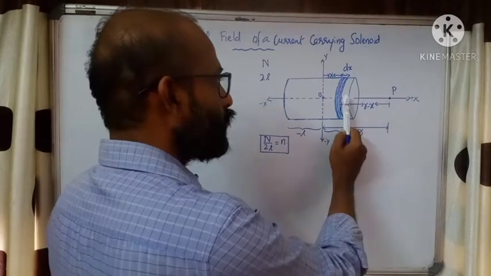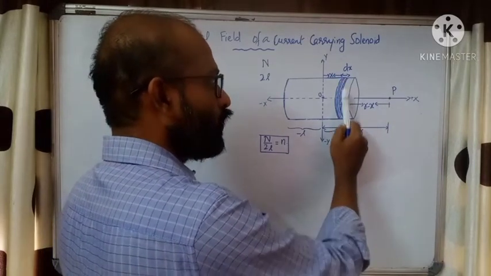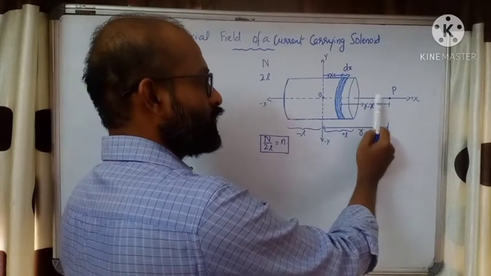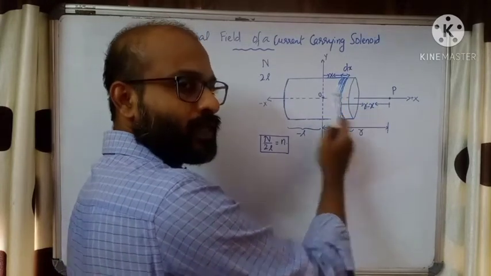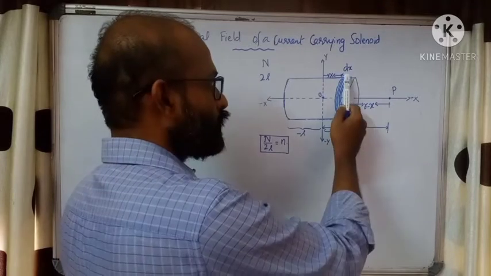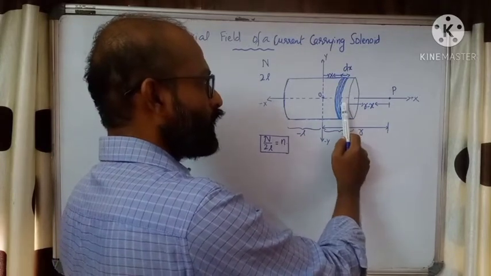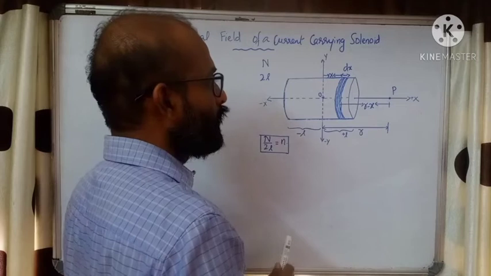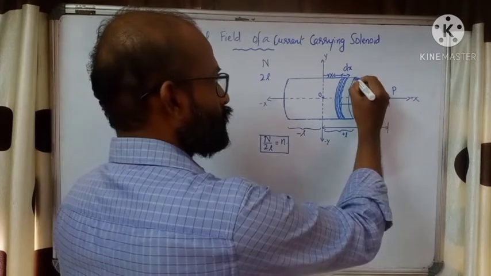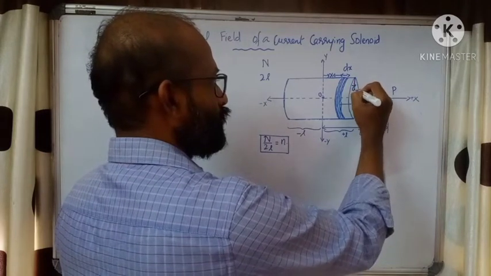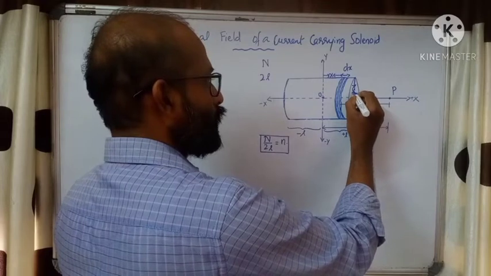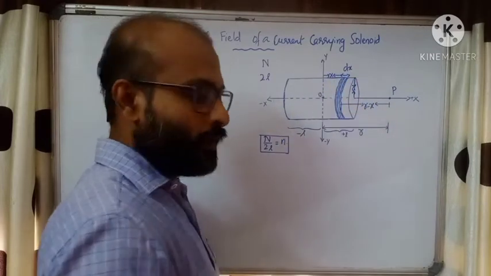See, from the center of the circular coil of width dx, we have a distance to the point P as R minus x. So the center of the circular coil is at a distance R minus x from the point P. Let small a be the radius of the cross section of the solenoid.